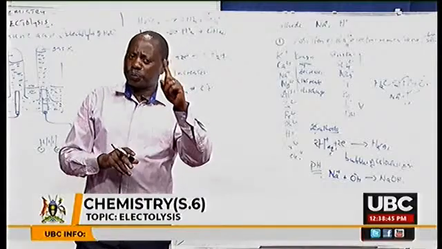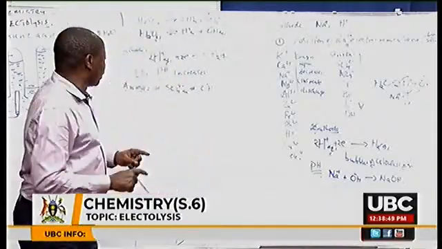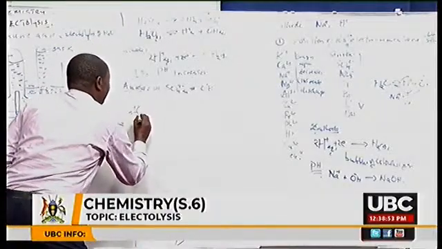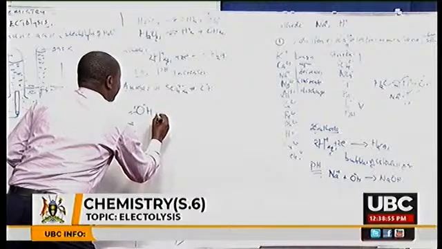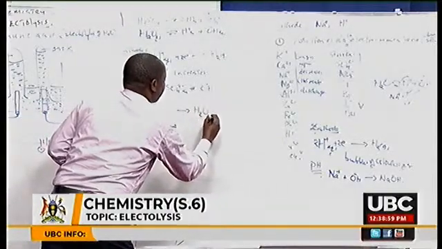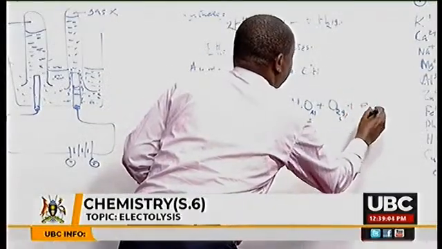If they ask you to explain, that's when you go into details. But if they say ionic equation, when these hydroxyl ions are discharged, they decompose to form water plus oxygen, and they do so by losing an electron.